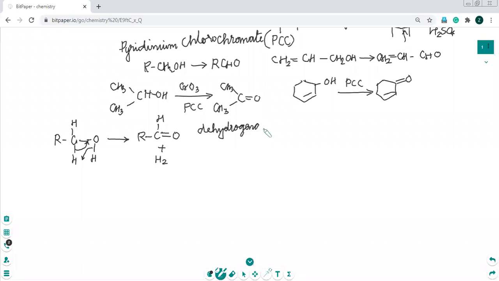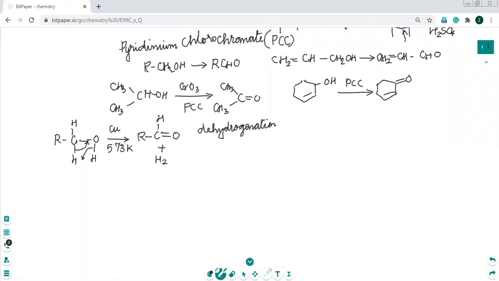That is also a very good method of converting on a large scale normally. This can be achieved by heating with copper at 573 Kelvin. So 273, 373, 473, 573 Kelvin means approximately 300 degrees Celsius.